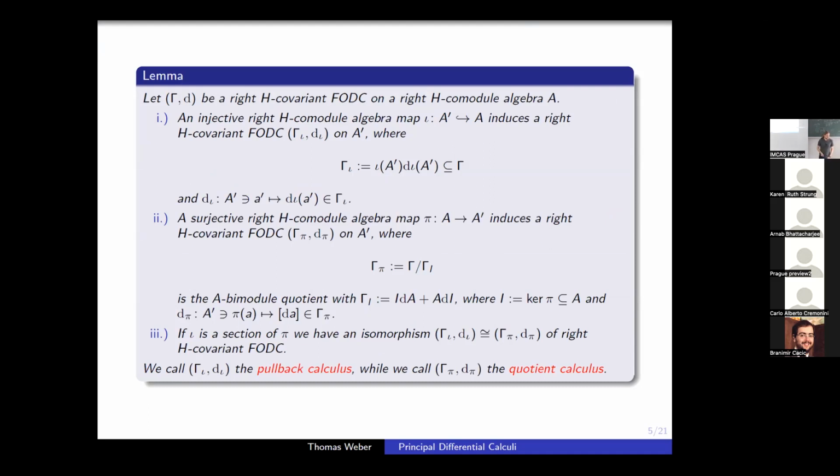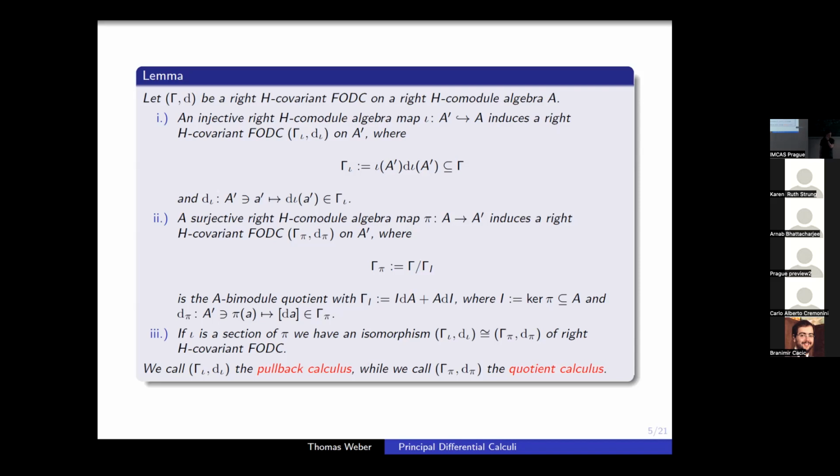It simply means that if you have some comodule algebra injection iota from some A prime into A, you will get a second calculus gamma iota, just as the pullback calculus, basically. And the differential, you simply restrict to the image of this map iota. And this will be a covariant calculus on A prime.